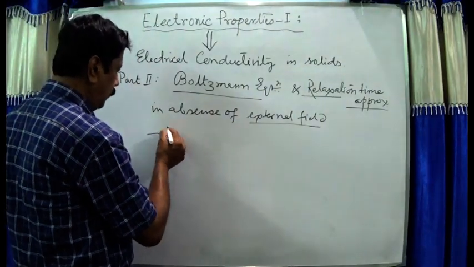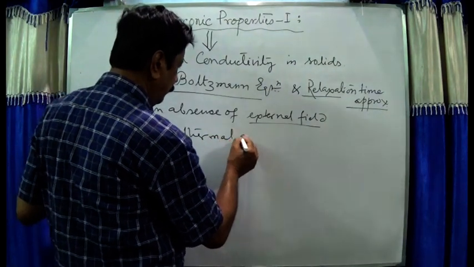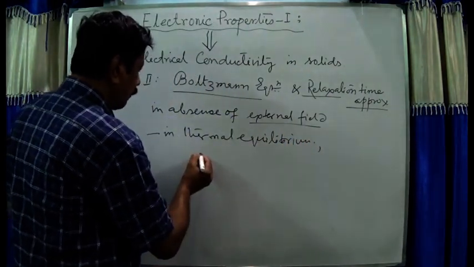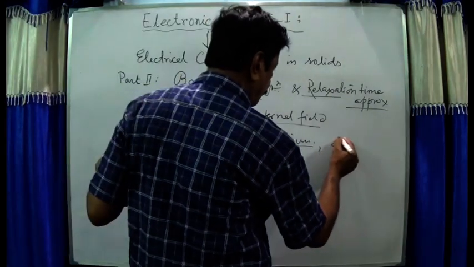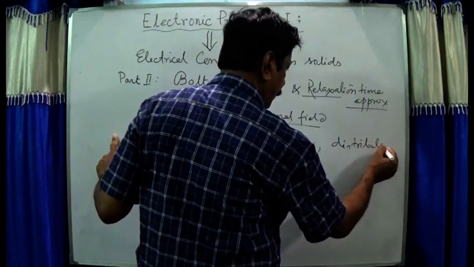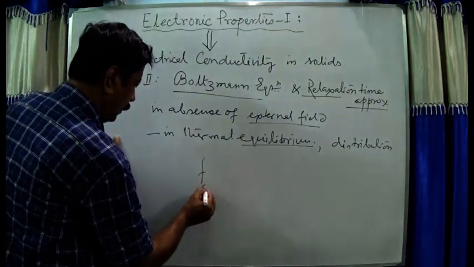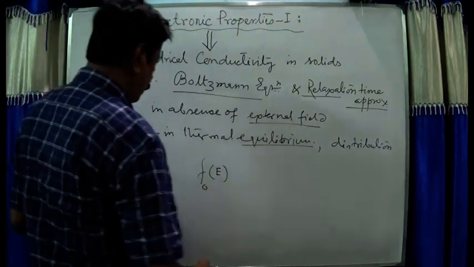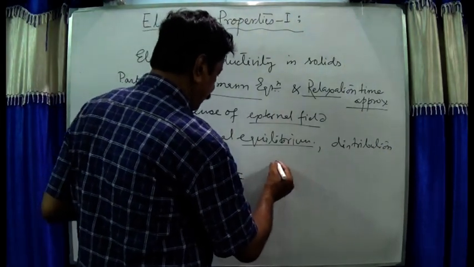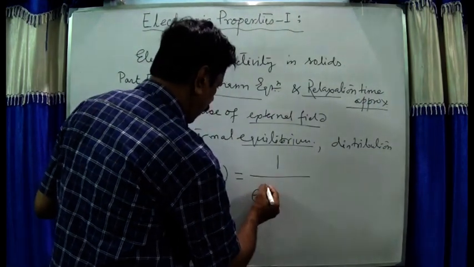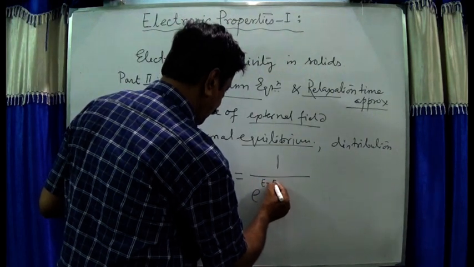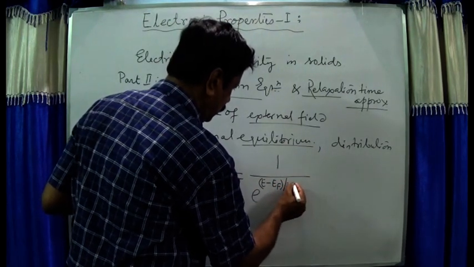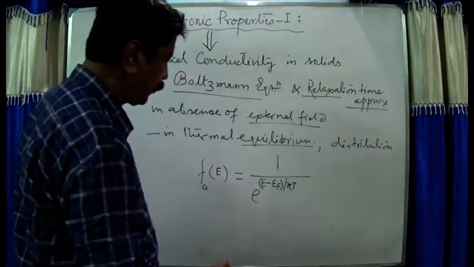So in thermal equilibrium, the distribution F0 at energy E is expressed as 1 by e to the power (E minus EF) divided by kT, plus 1, where EF is the Fermi energy and k is the Boltzmann constant.